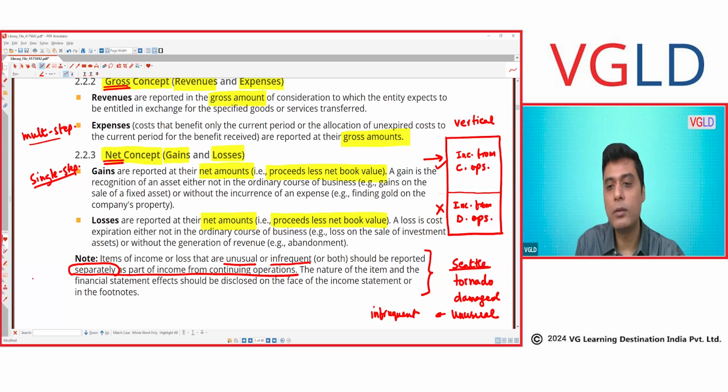Suppose your factory is situated in Florida and a tornado happened and it damaged your factory. This is frequent because tornadoes are frequent in Florida. So this is unusual, but it is frequent.